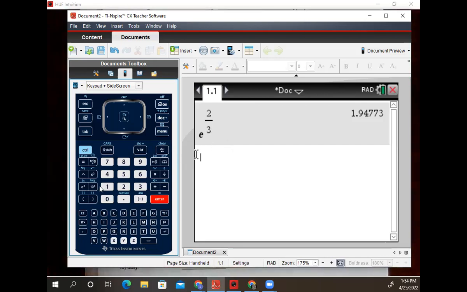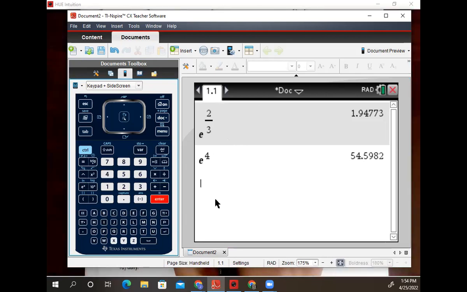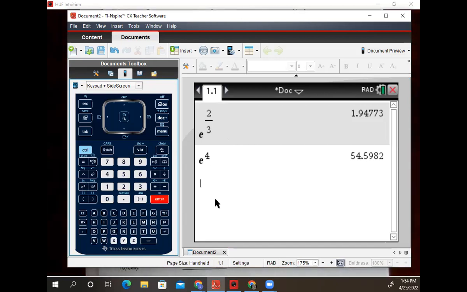For e to the 4th, same idea. I'm going to hit that e key and then to the 4th power and hit enter. If I round to 3 decimal places, I would get 54.598. And then finally 2e to the negative 1/5. So I want to multiply by 2 first.